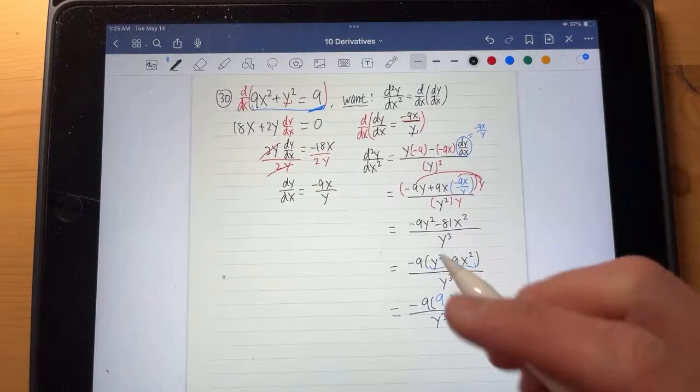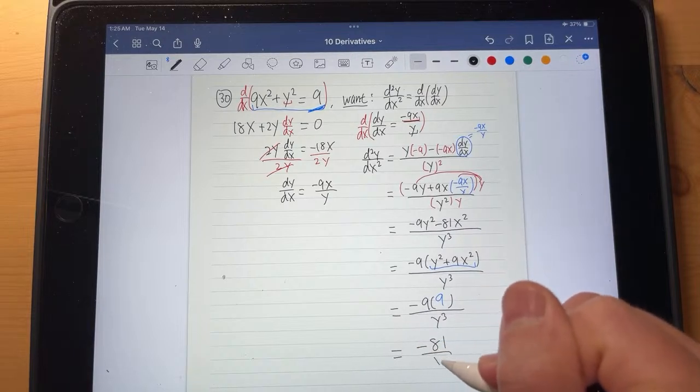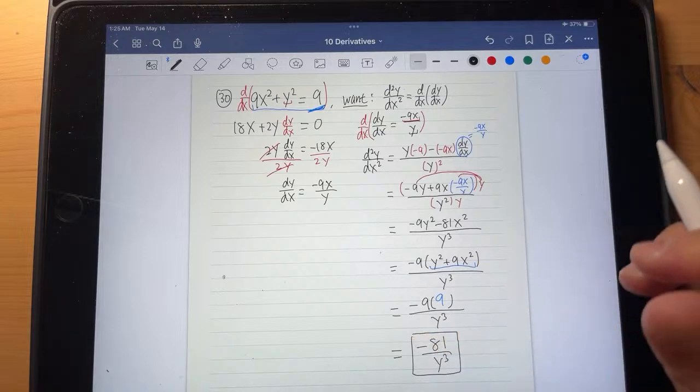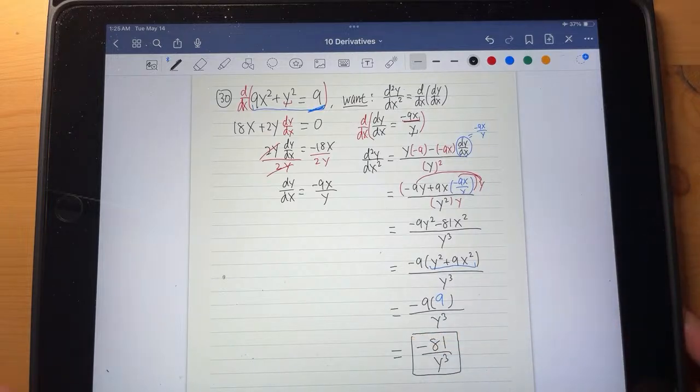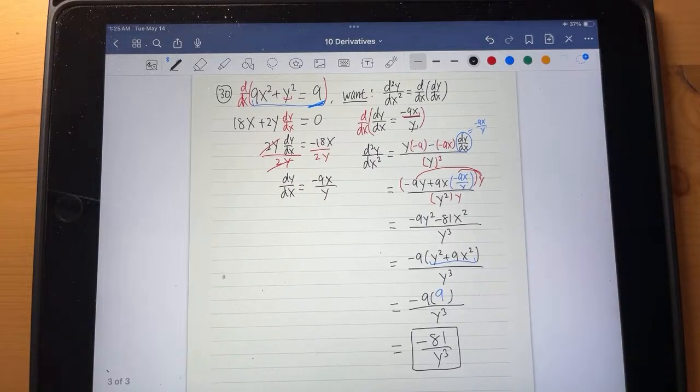And then finally, we can just say the answer is negative 81 over y to the third power. Whew. One of the longer ones. By the way, this is a classic Calculus 1 implicit differentiation question.